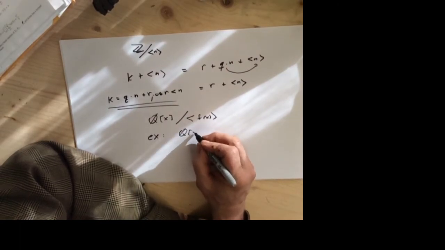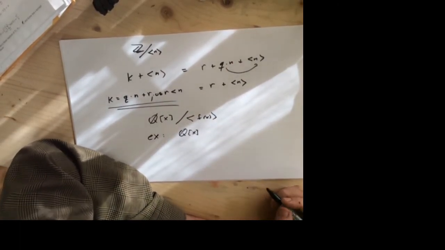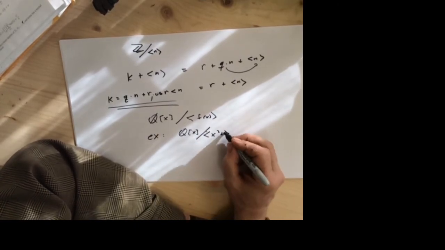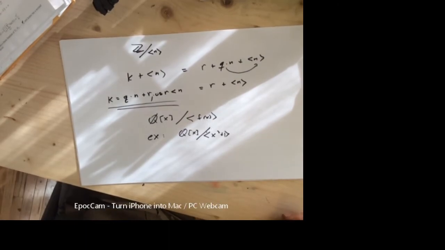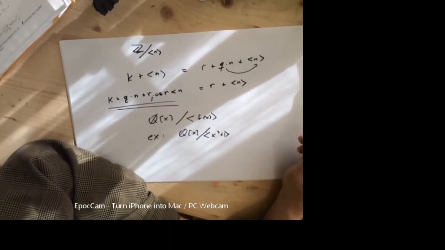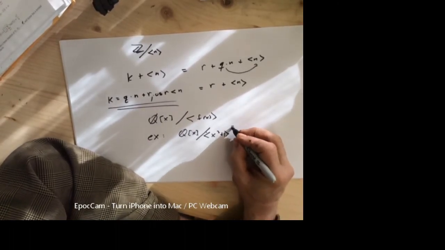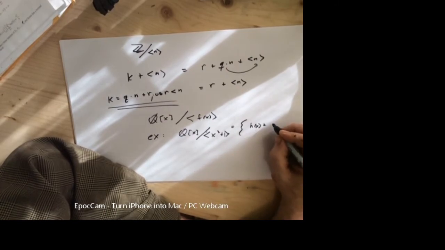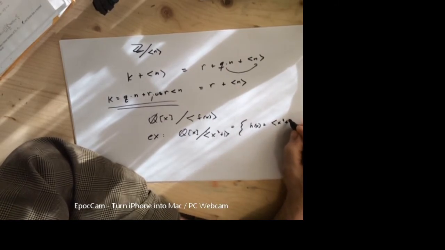A very simple quotient ring calculation. We know that x squared plus 1 doesn't have a root in the rationals. Very easy to check. 1 doesn't work, minus 1 doesn't work. That means that this is all possible polynomials plus any multiple of x squared plus 1.